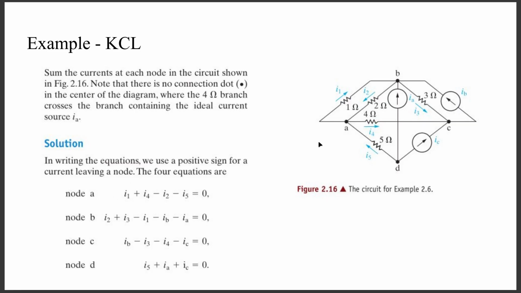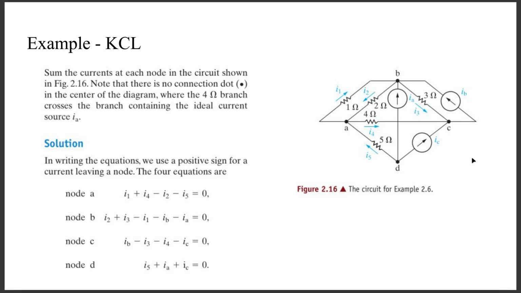So for node A, we see that I1 is leaving, and then I4 is leaving, I2 is coming in, and I5 is coming in. For node B, I2 is leaving, I3 is leaving, but I1 is coming in, IB is coming in, and then IA is coming in.